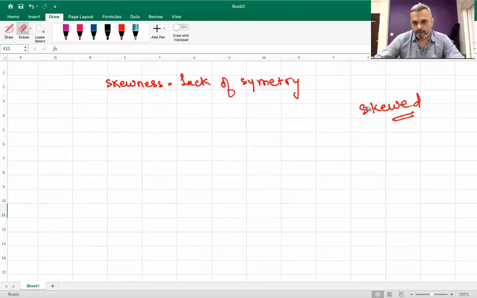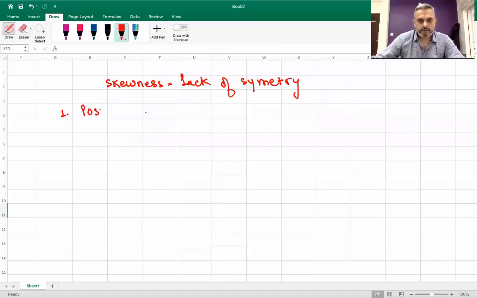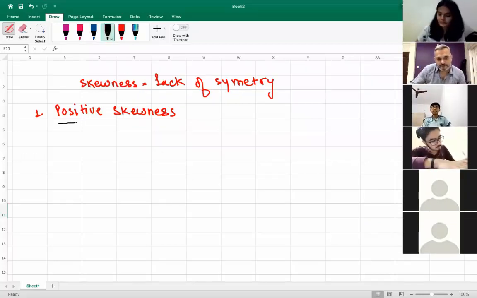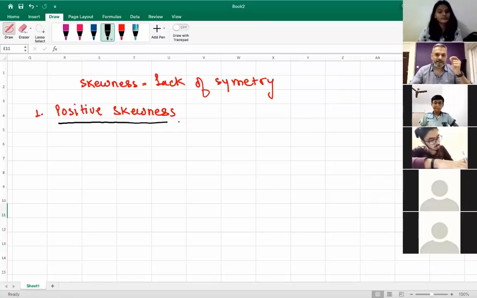Now, skewness can be of two types. First, we'll talk of positive skewness. Because the distribution is not symmetric, there is some element of skewness, so skewness can be positive or negative.